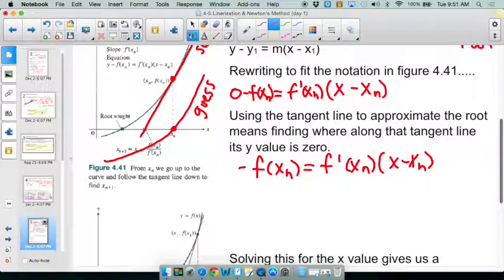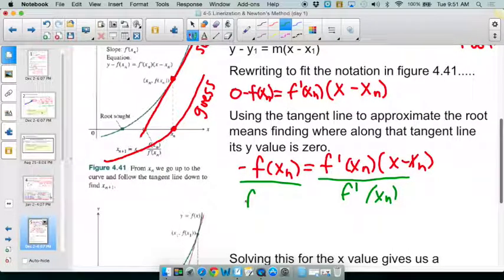So how do I solve for x? I'm going to have to solve for this variable, which means this has to go to the other side. How does that happen? Divide. And then add. Right. Then I'm left with that.